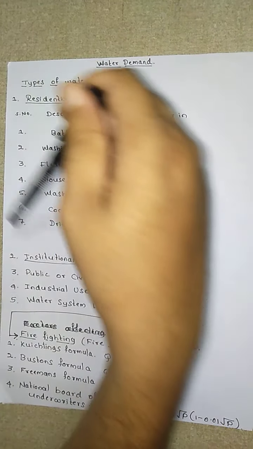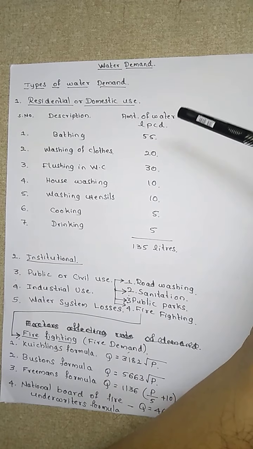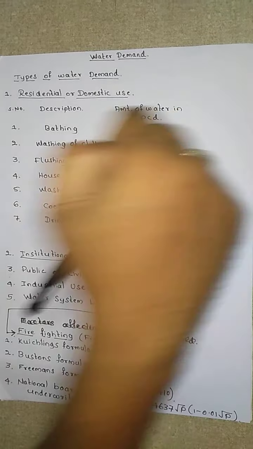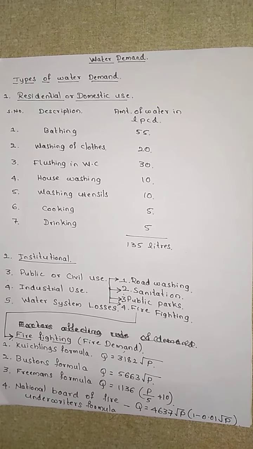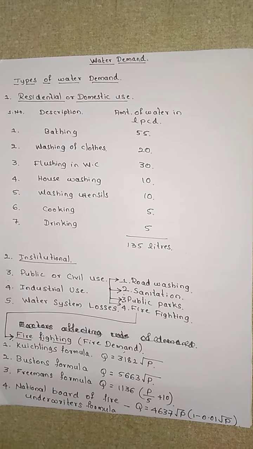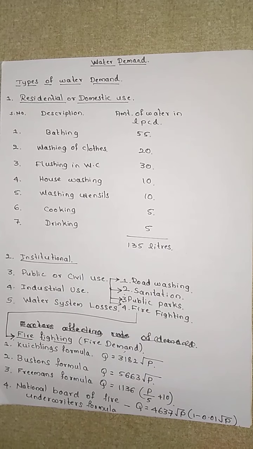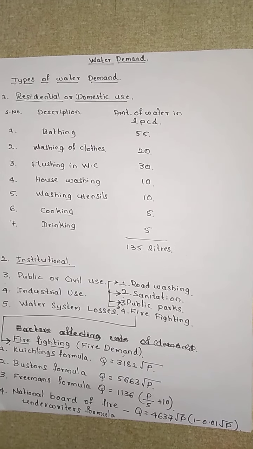So this is regarding the residential or domestic use, the amount of water that per person per day is going to consume for domestic or residential purposes. Now when coming to the institutional use, it is the amount of water required for various institution purposes, that means office kind of purposes.